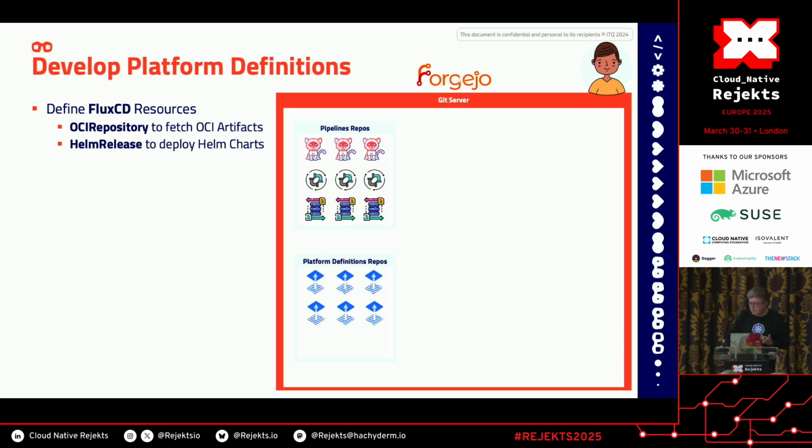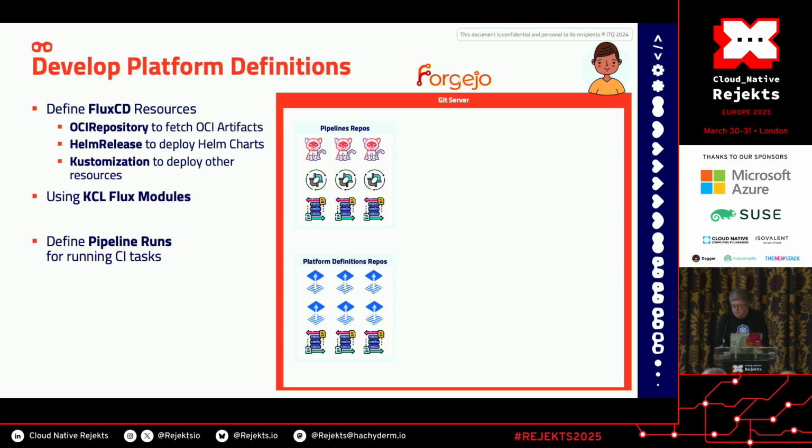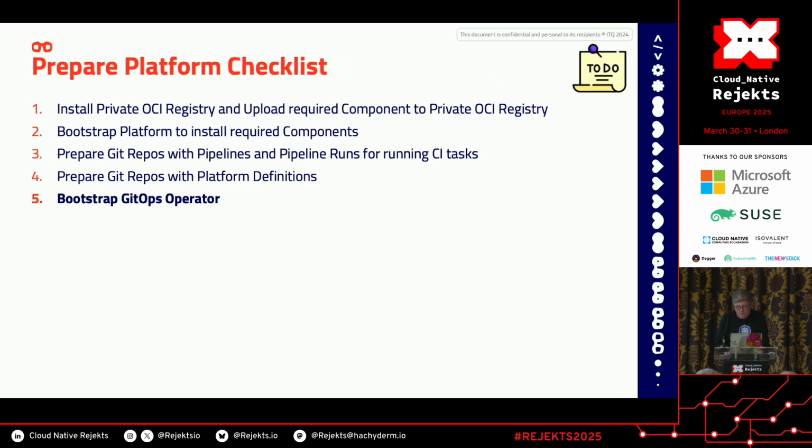The Helm release to deploy Helm charts, and then the customization to deploy whatever Kubernetes configuration, like CRDs or basic Kubernetes manifests. And to simplify the development, he uses as well a KCL Flux module that is stored in the OCI registry as well. And then push as well some pipeline runs that are related to the deployment of these resources. So now we have everything in place.